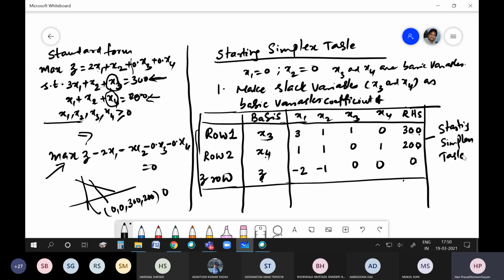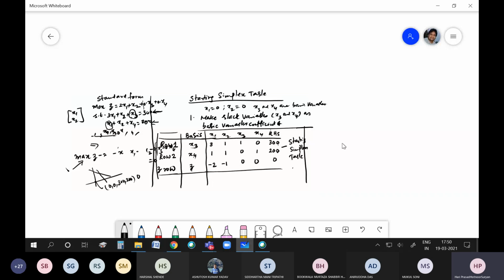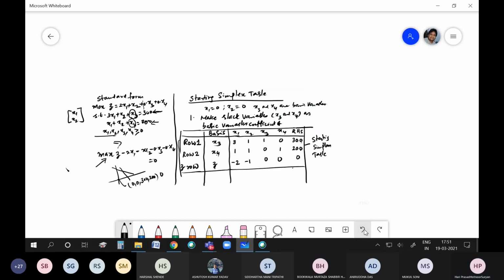The typical properties of a simplex table are as follows.